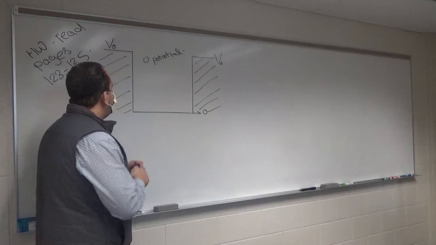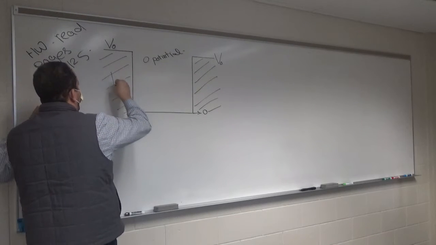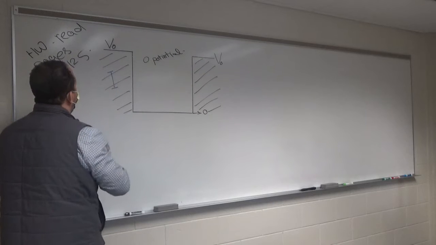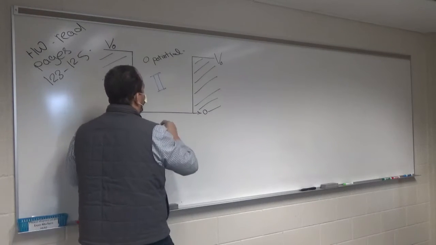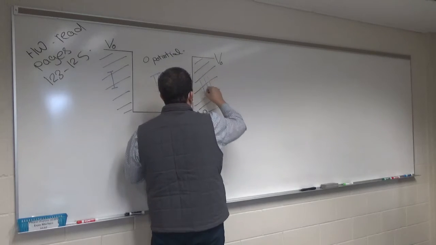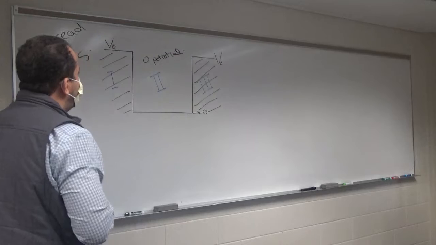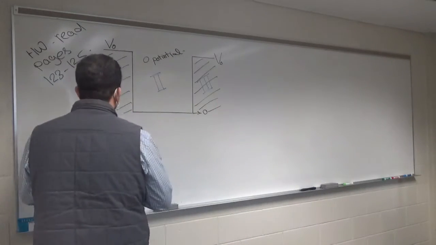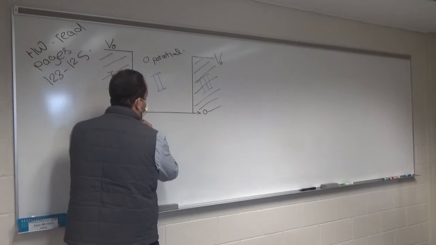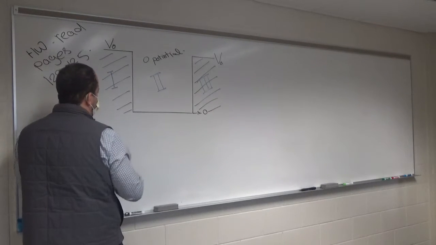Okay? Now, guys, if we look at here, we will see that we have region number 1, and we have right here region number 2, and here I have region number 3. So we have 3 regions here, guys. And also, I would like to tell you that there is a width for this finite potential well.